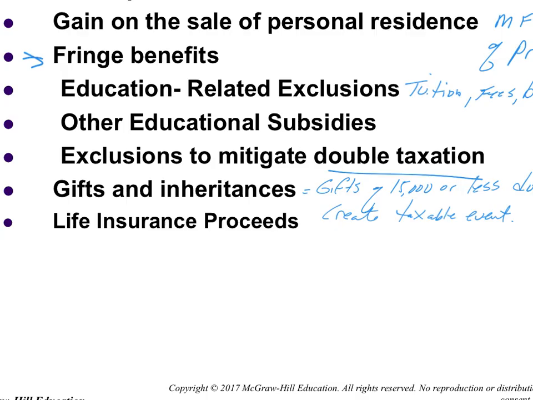So what that means is if I were to die, and all of my assets would pass to my husband and my children, if the value of all of my assets is less than $11 million, then my estate does not pay taxes, and my heirs, the beneficiaries of my estate, the receivers of my assets, do not pay taxes either.